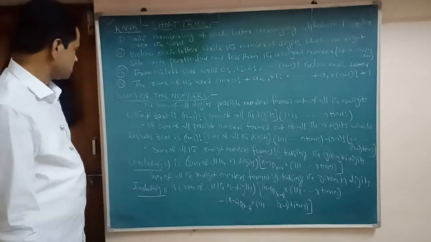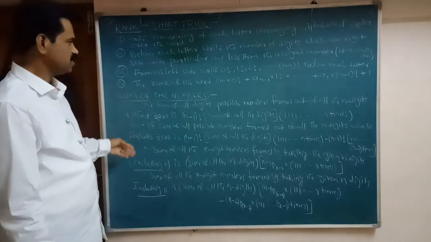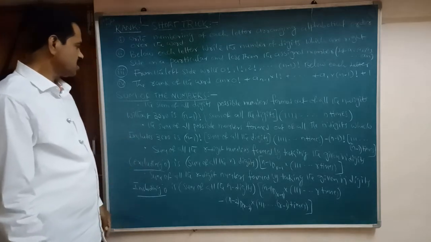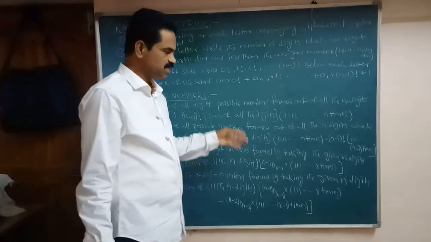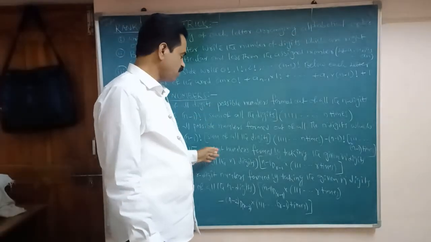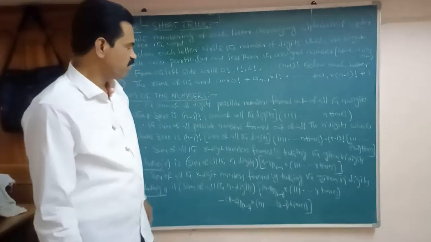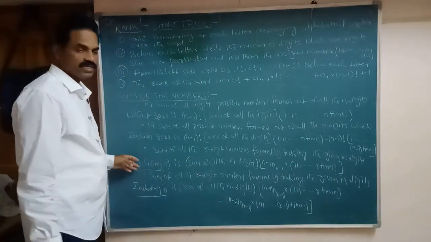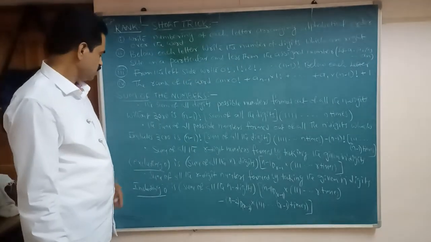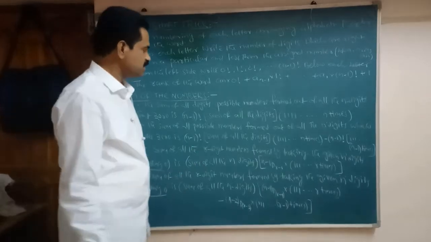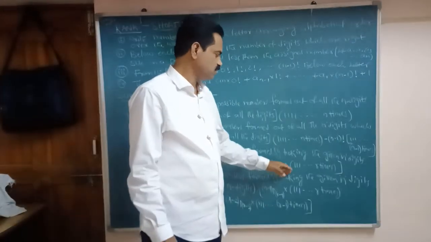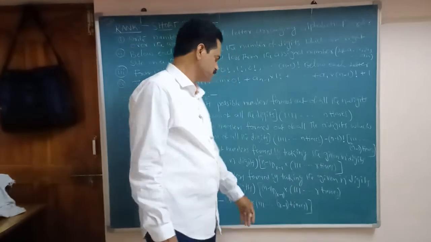This one includes 0, and the earlier one is without 0. Next, the sum of all the odd digit numbers. The sum of all odd digit numbers formed by taking the given n digits, excluding 0, is the sum of all the n digits into n minus 1 Pr minus 1 into 1, 1, 1, and so on r times.